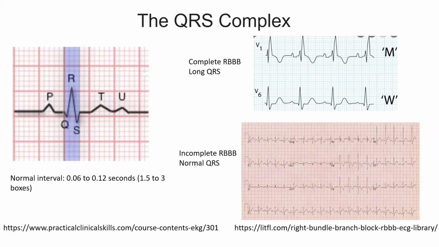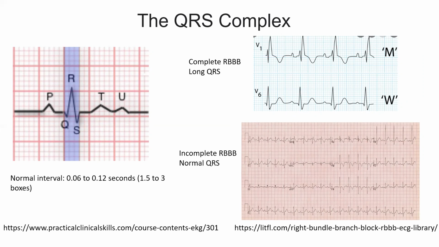For example, in a right bundle branch block, if the QRS complex is longer than 3 boxes, and there's a notch in V1 and a big S in V6, we may consider it a complete right bundle branch block.